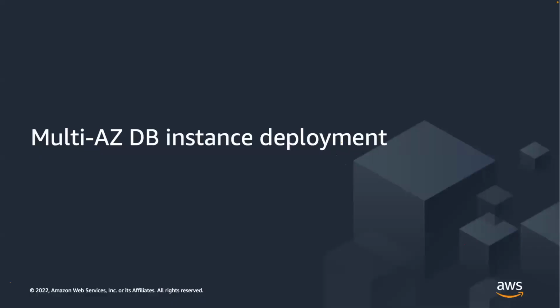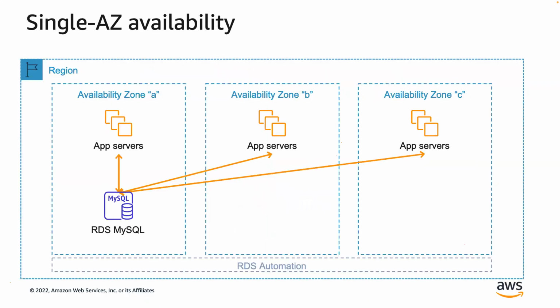So I'll show you the architecture, how exactly it works for single AZ. Let's say you are not okay with multi-AZ for cost purposes, or your customer cannot afford that much cost. In that case, single AZ availability works like this.